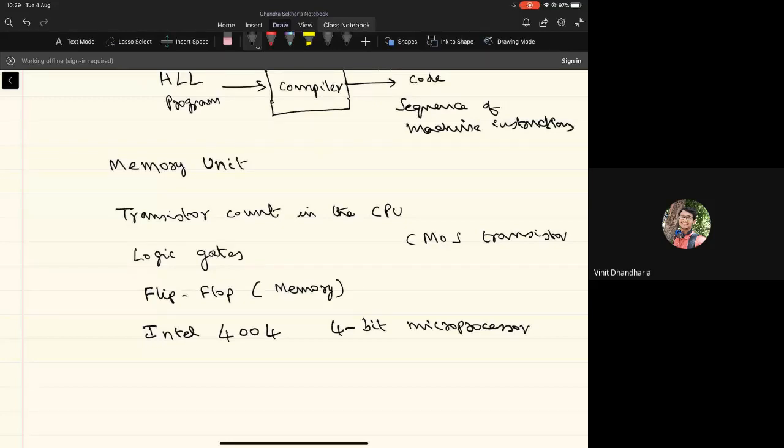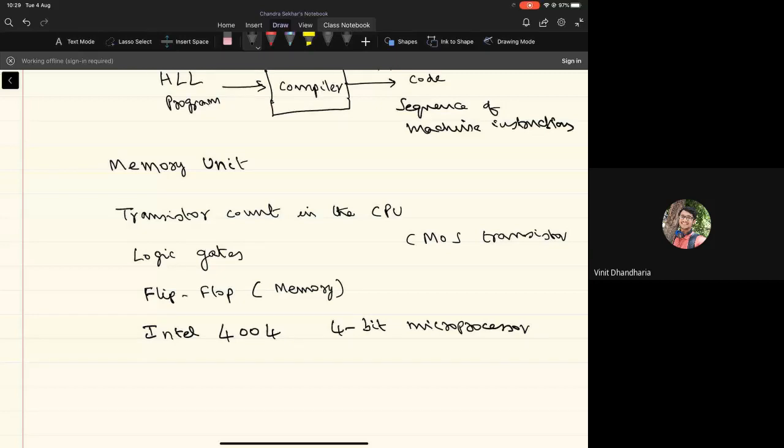And the larger sizes like 16 bits, which is the short integer, or 32 bits, which is the long integer, or a float type data, which is also a 32-bit representation, or even 64-bit, which corresponds to maybe a double long in the integer type data, or the double type of the real value data.